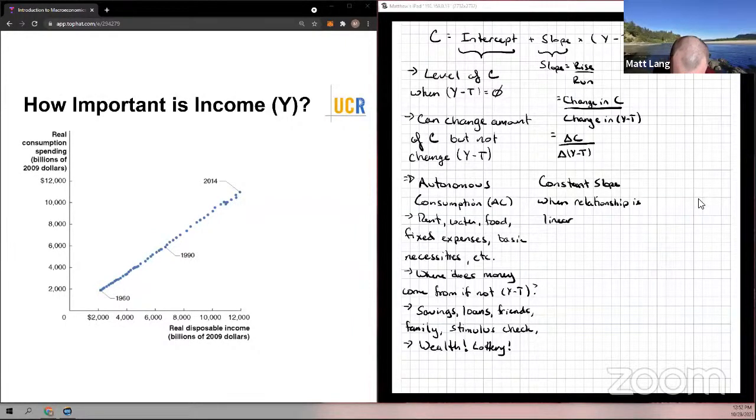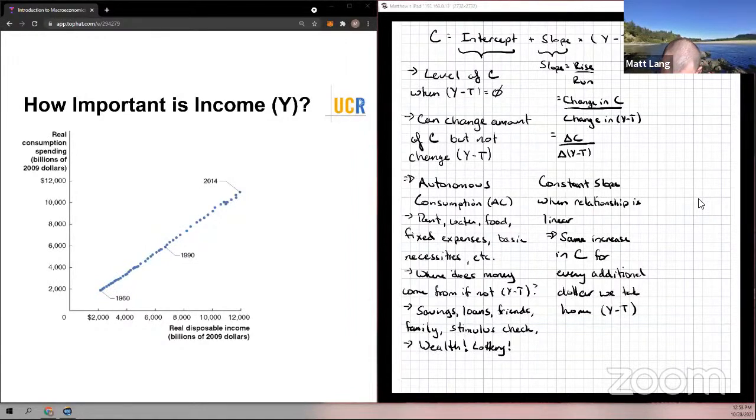Another way to think about this is that we have the same increase in consumption C for every additional dollar we take home, right? And what is our take home pay?